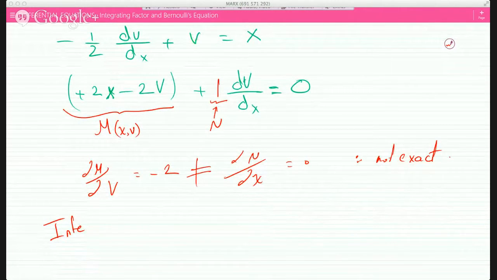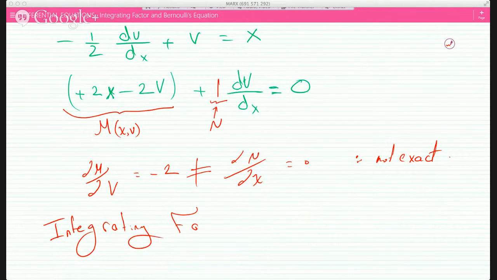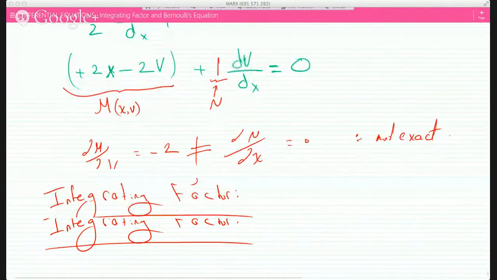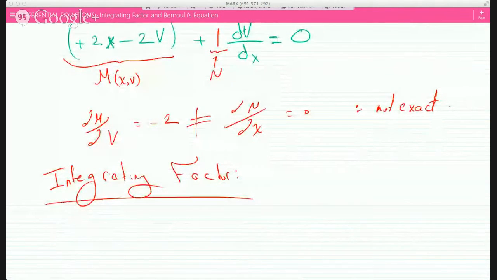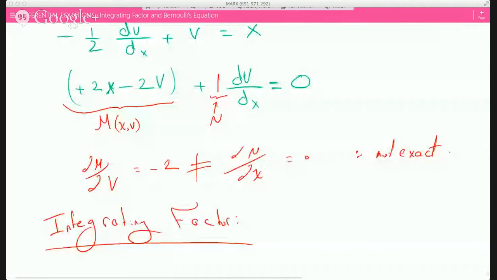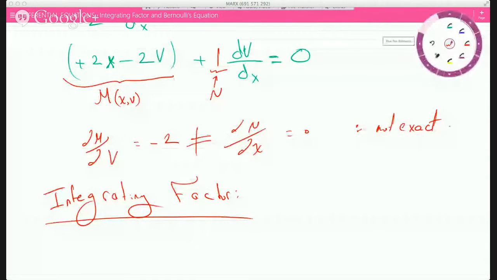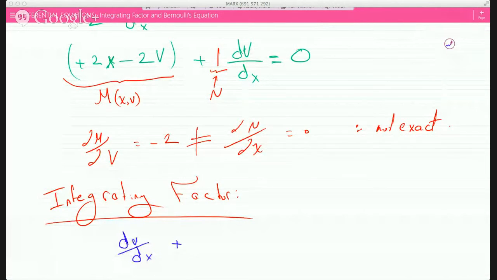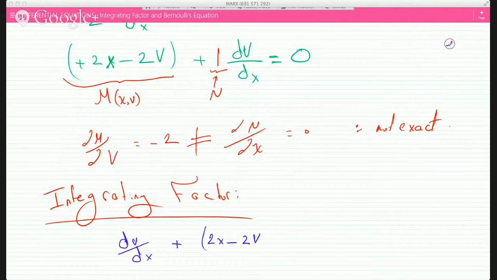With the integrating factor, we're going to multiply. So this is dv over dx plus 2x minus 2v equals 0.